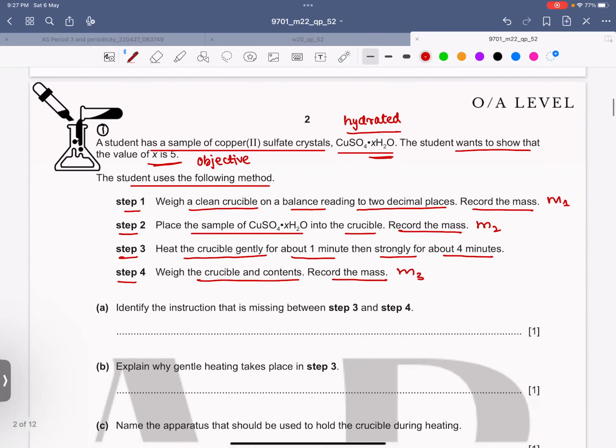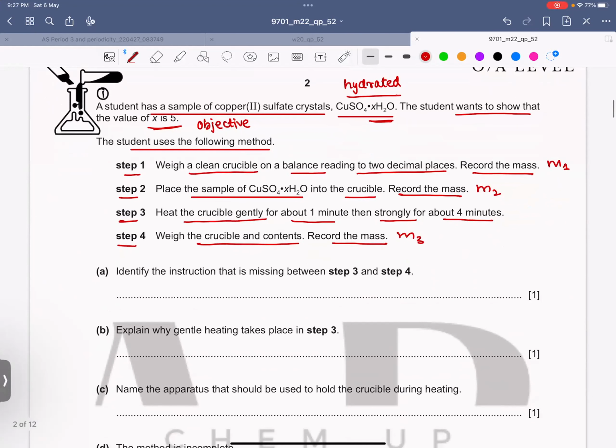Now, in part A, the examiner is asking to identify the instruction that is missing between step 3 and step 4. Can anybody figure it out? What instruction is missing between step 3 and step 4?